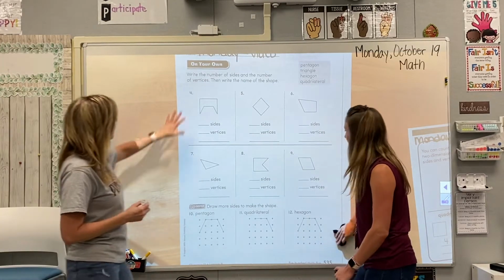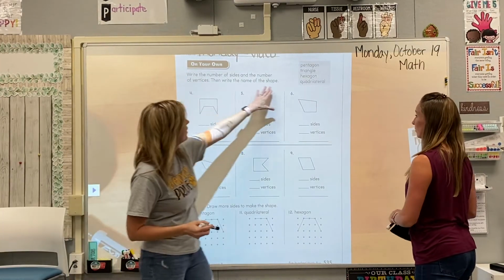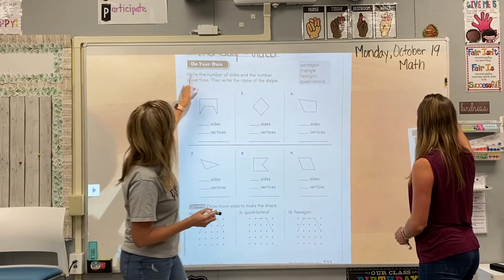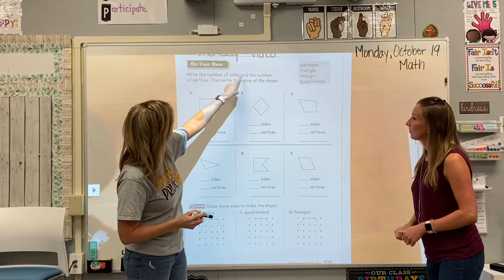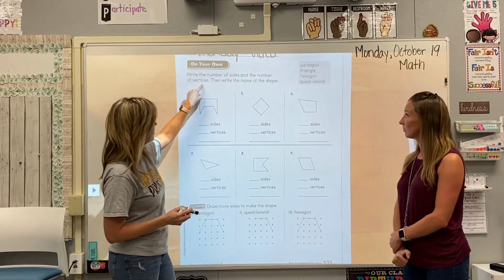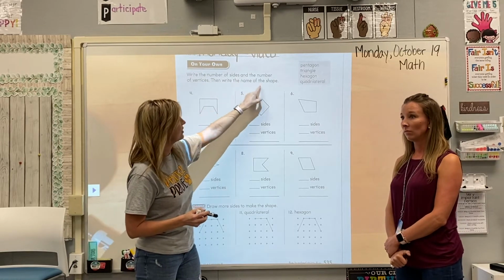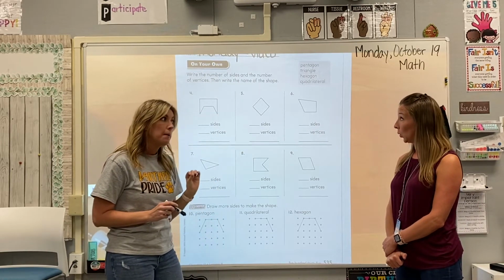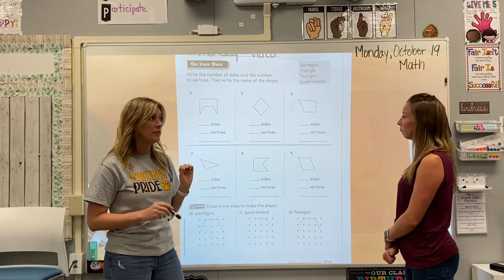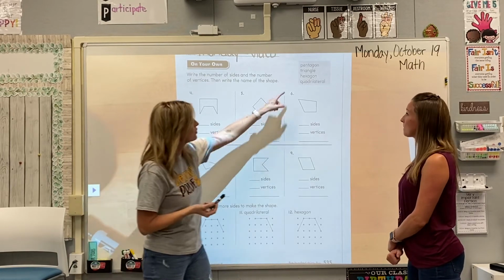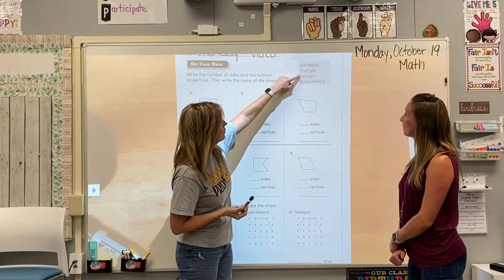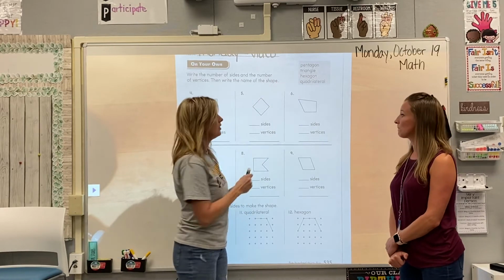All right, so on the back it says, and we have a little word bank over here, write the number of sides and the number of vertices, then write the name of the shape. So, all of the information you need is on the other side. Okay, we have talked about a pentagon, a triangle, a hexagon, and a quadrilateral.